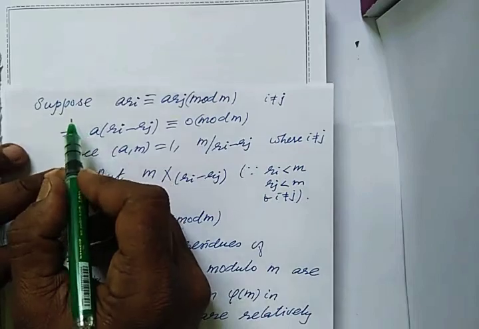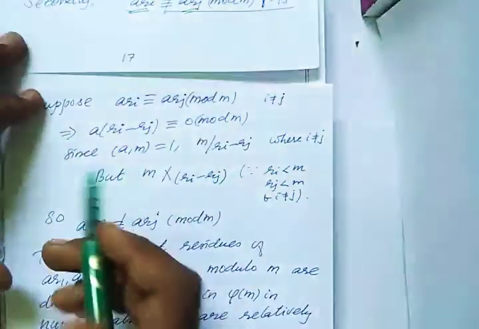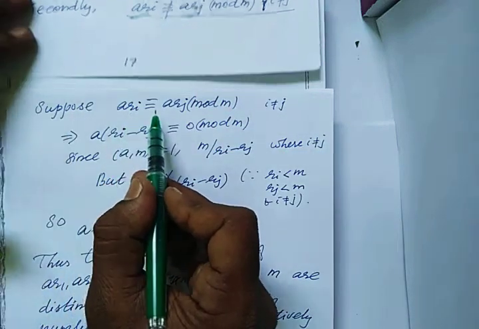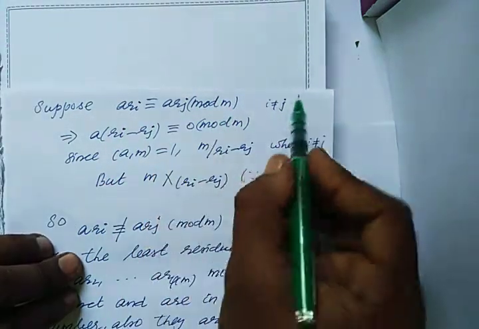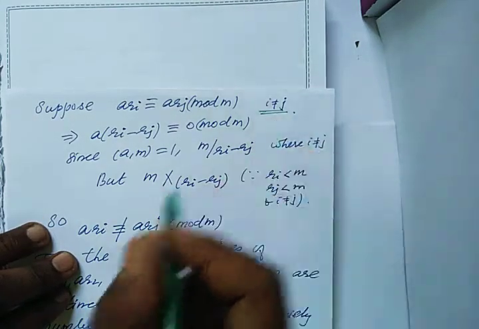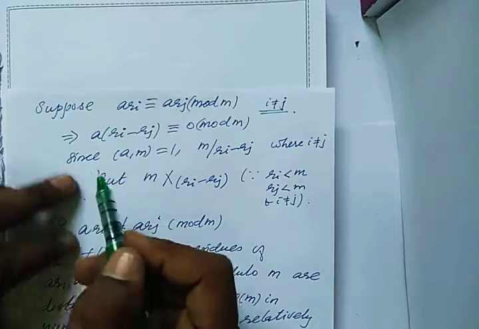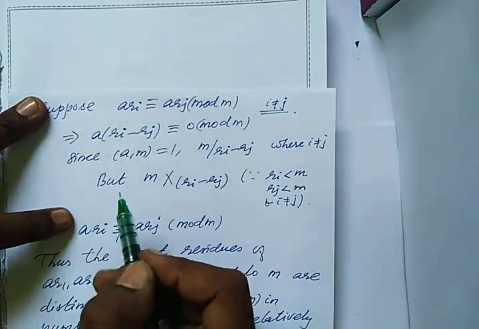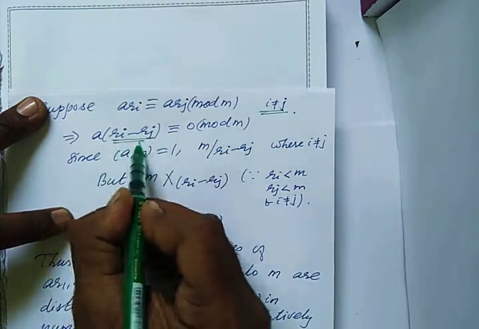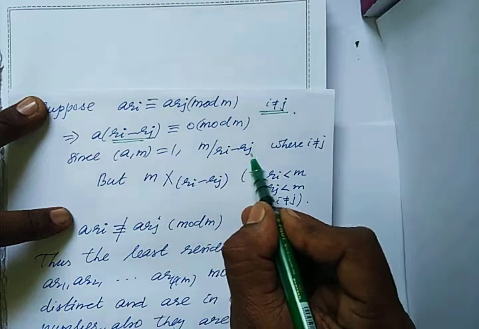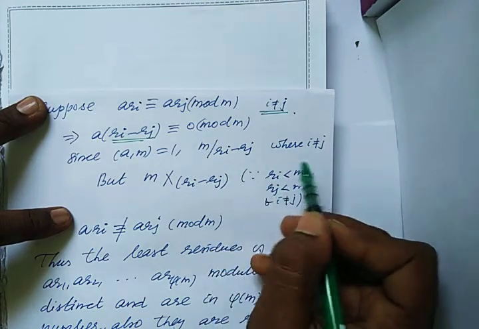Now, suppose this is not. Then Ari is congruent to Arj mod m for i not equal to j. Bring that one this side, we will get this line. But a and m are relatively prime, so we get m divides this one. But Ri, Rj are the least residues and they are less than m.